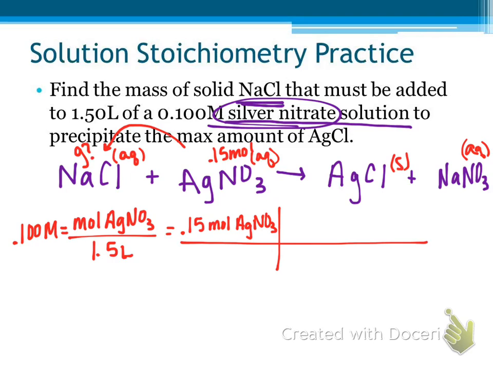My stoichiometry goes moles of silver nitrate to moles of salt, then moles of salt to grams of salt. So moles of AgNO3 to moles of NaCl, then moles of NaCl to grams of NaCl.